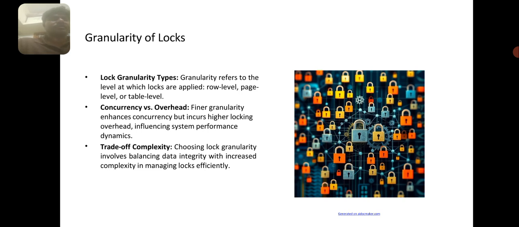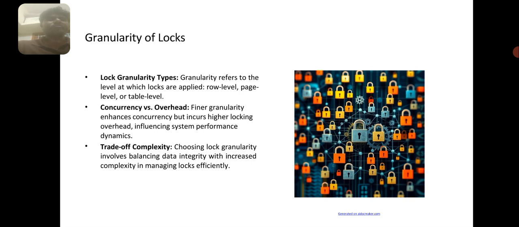Next is the granularity of locks, covering lock granularity types, concurrency versus overhead, and trade-off complexity. Granularity refers to the level at which locks are applied: row level, page level, and table level. Those are the granularity types.